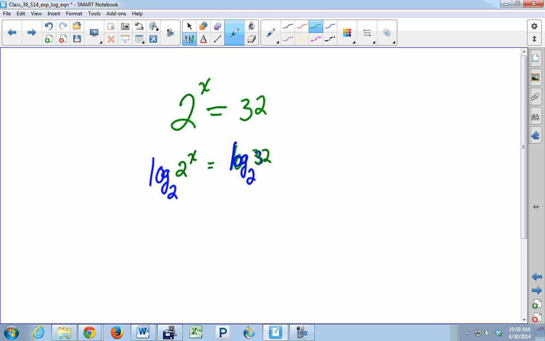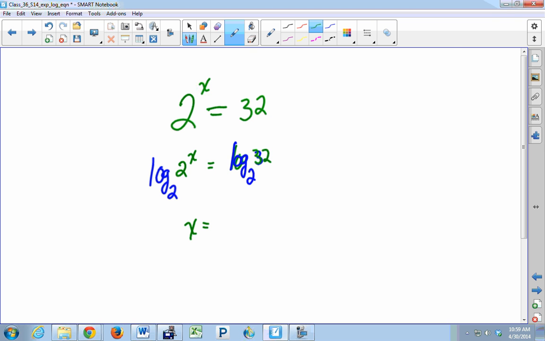So what's the answer going to be here? Log base 2 of 2 to the x. What's my answer? x. Because I'm saying 2 to what power gives me 2 to the x? When my base here and my base here are the same, what I've done is I've composed my exponential function and put it in my log function. I always come back when I compose inverse functions to my original input, which is x. So this is x on that side.